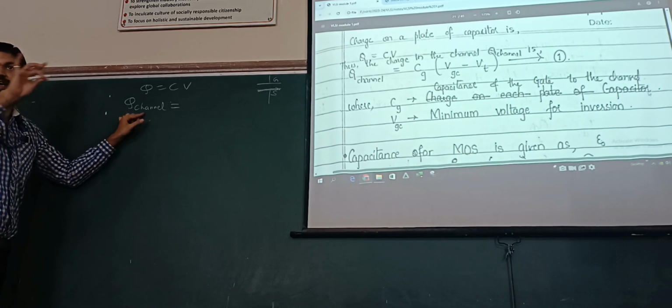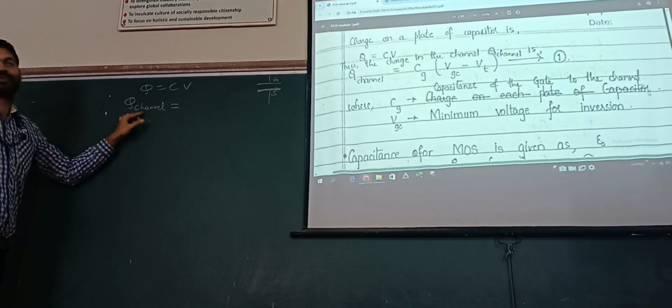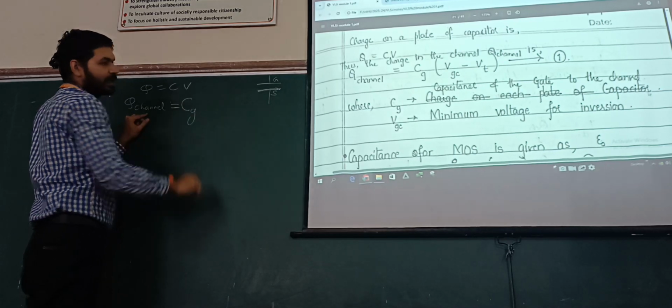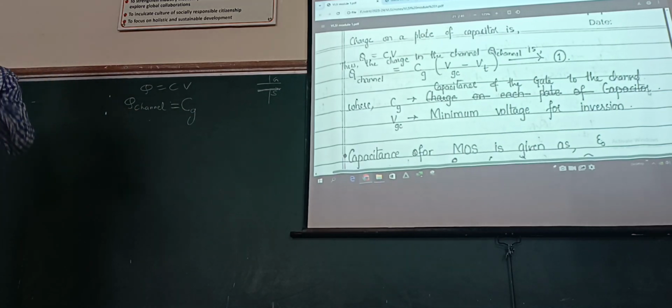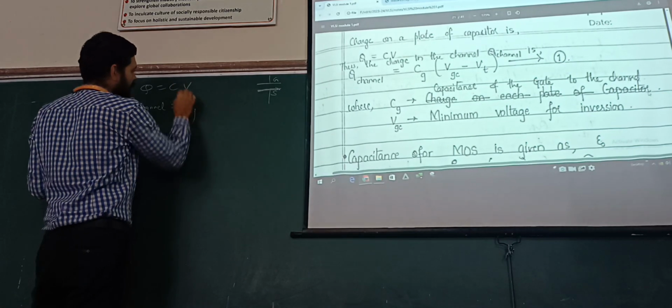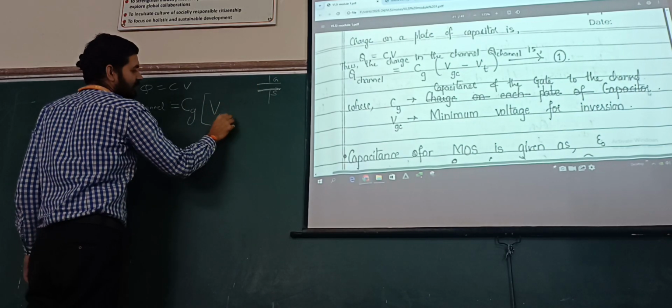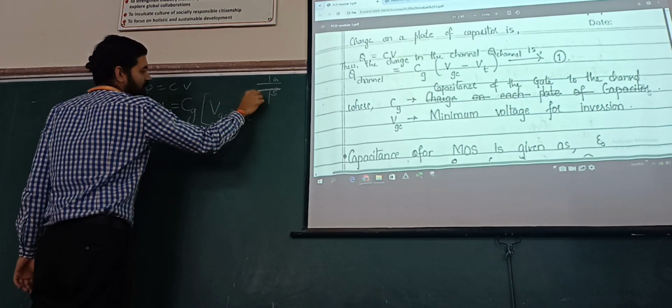How many charge carriers, how many electrons are in the channel, that is given by C, which is gate capacitance Cg, into V. V means it is VGC minus VT.